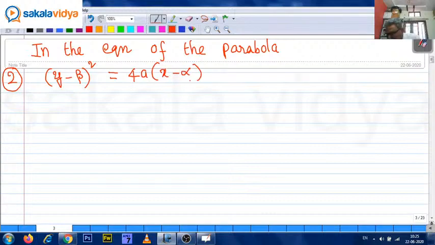Okay, I will ask one by one. You need to type. First, what is the vertex?